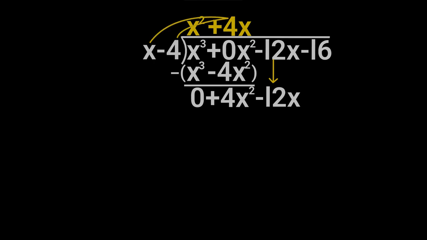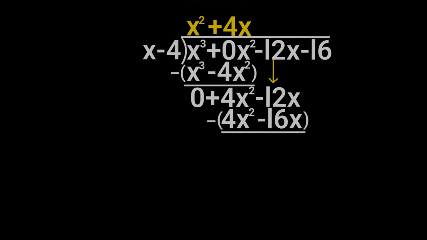That would be 4x times x would give us a 4x squared, and then 4x times negative 4 gives us negative 16x, and then we're gonna subtract. Once we subtract, we got 4x, and then we're gonna bring down the next value, that's negative 16, and then we gotta repeat the process.